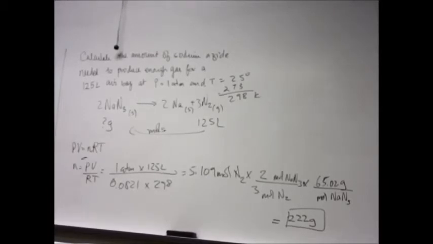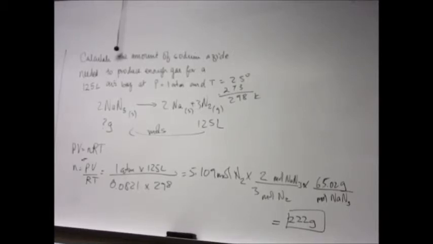So which means we need 222 grams of sodium azide so that we can get 125 liters of gas. But that volume of gas is only at 1 atmosphere and 25 degrees Celsius, because remember, gases are very sensitive. Good so far?